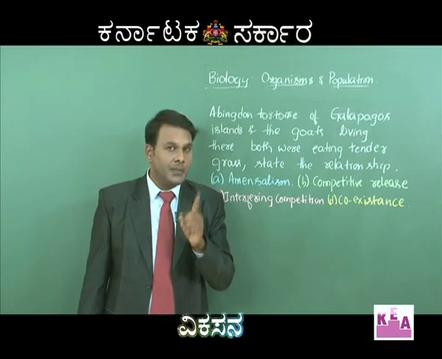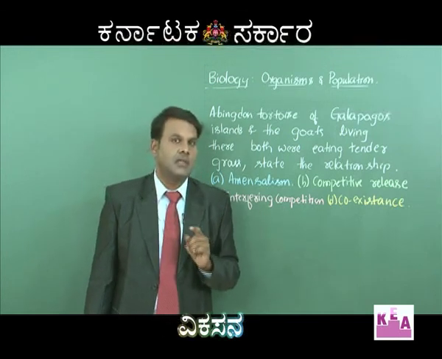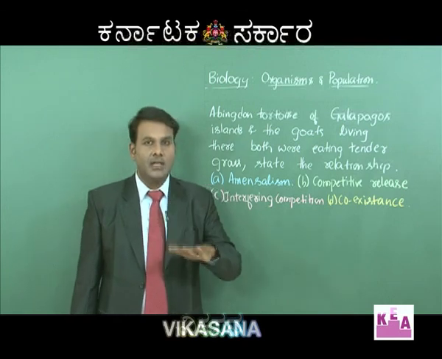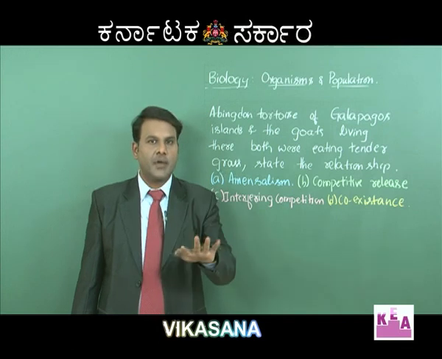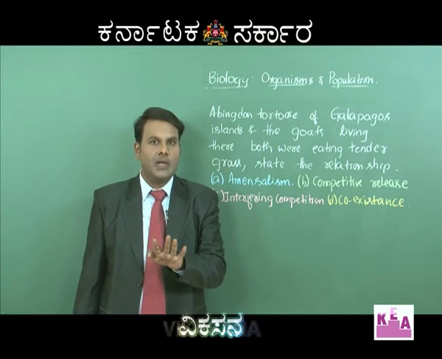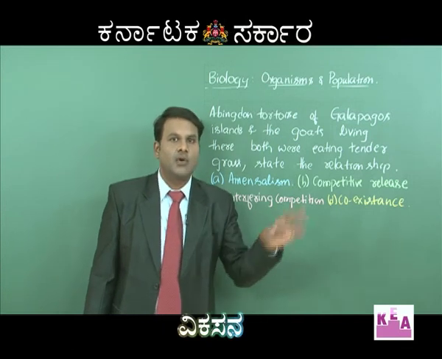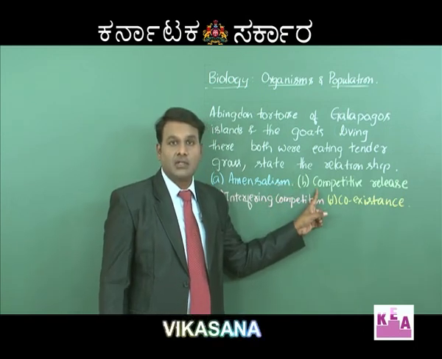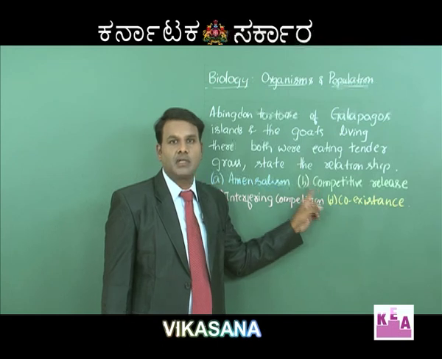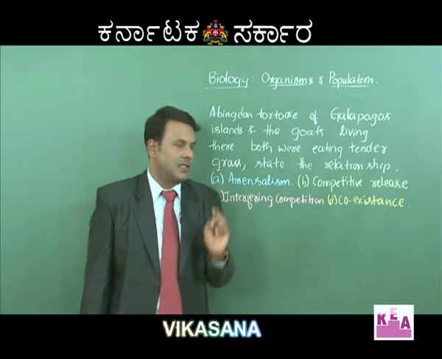If the superior competitor is removed from the habitat, the inferior competitor develops extensively. So, that process wherein the superior competitor is removed from the habitat is called competitive release. So, that we are releasing the competition between these two species.